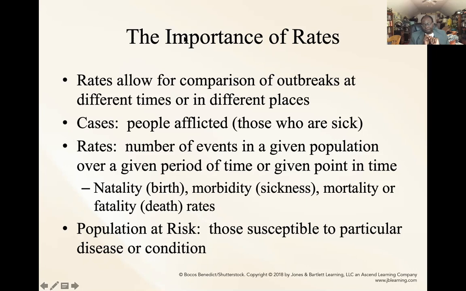So simple. The number of people affected during the epidemic divided by the number of people exposed, multiplied by 100. Usually that's the rate.